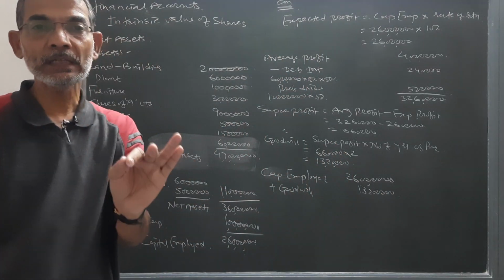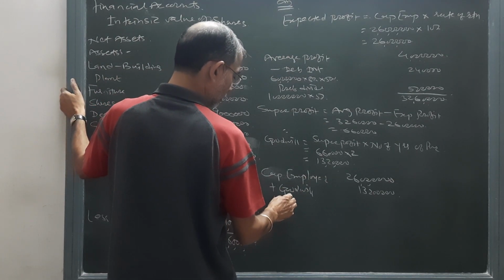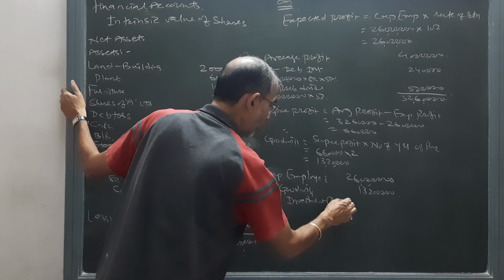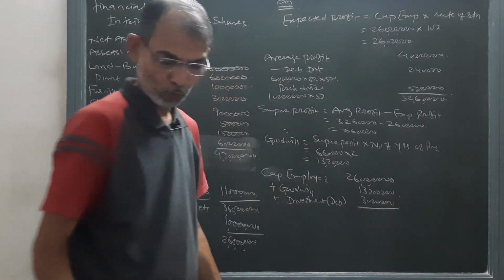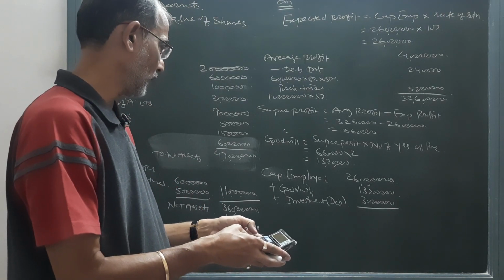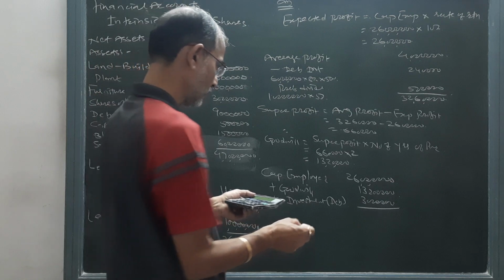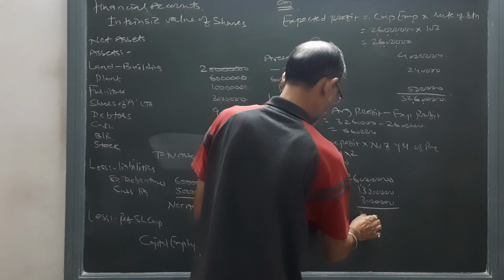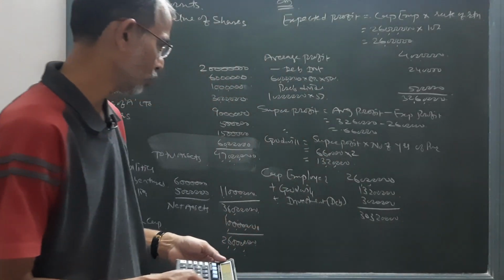Now to calculate the intrinsic value, we have to also include investment which was in the form of debentures, 30 lakh. So 2 crore 60 lakh plus 43 lakh 20,000, that is 3 crore 3 lakh 20,000.